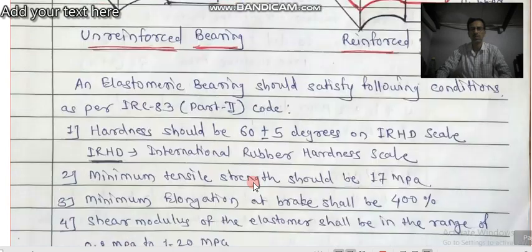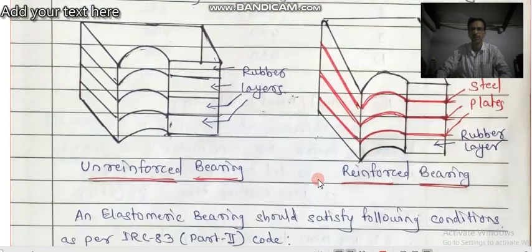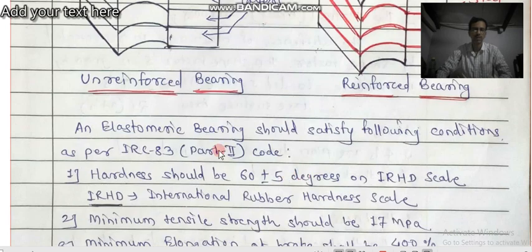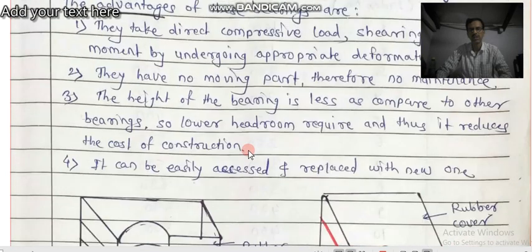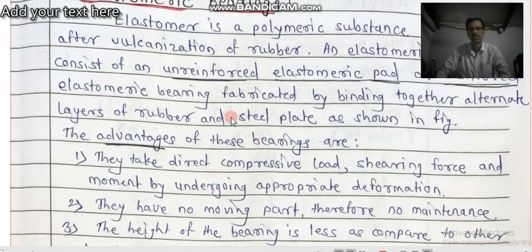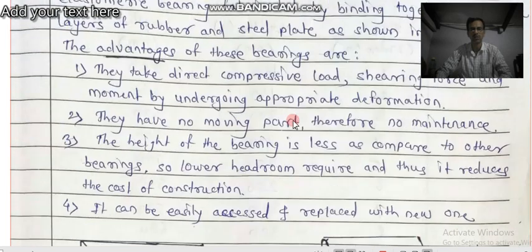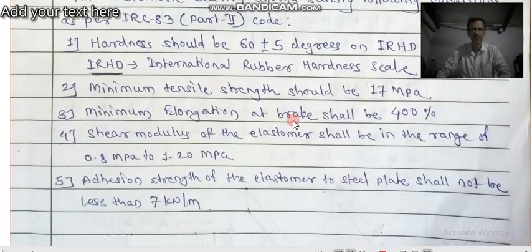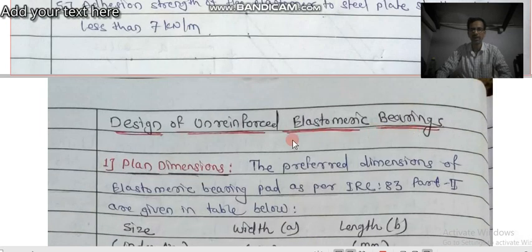So this is about the elastomeric bearing, that is, unreinforced and reinforced bearing. In previous university question papers, three questions may be asked from this part. The first is explain elastomeric bearing, asked for 8 to 9 marks. Next, the design procedure of reinforced or unreinforced elastomeric bearing.